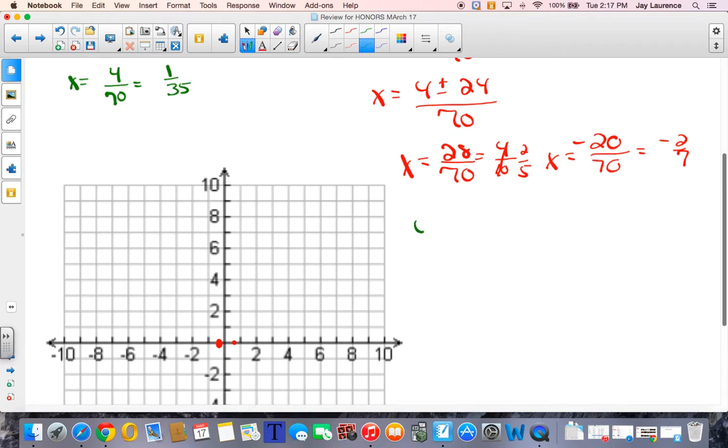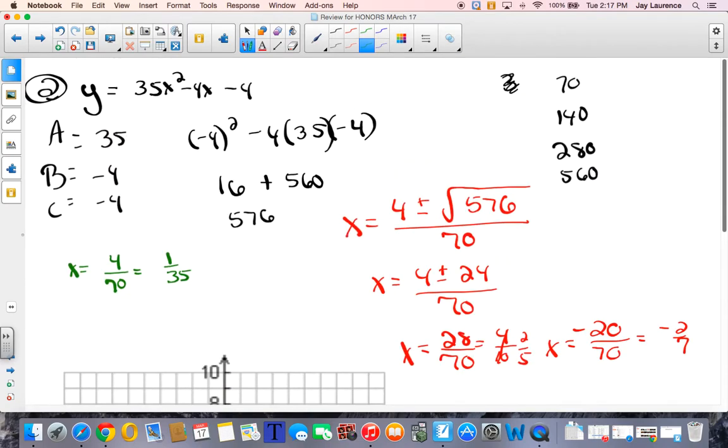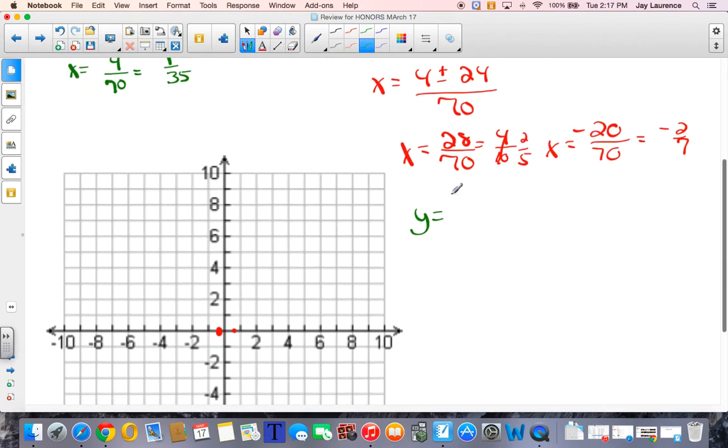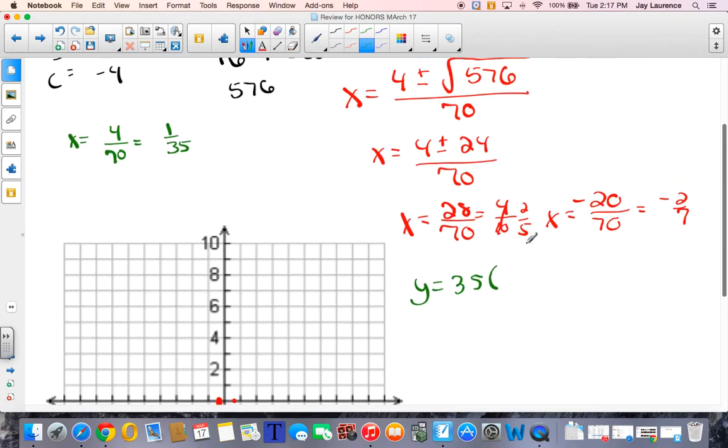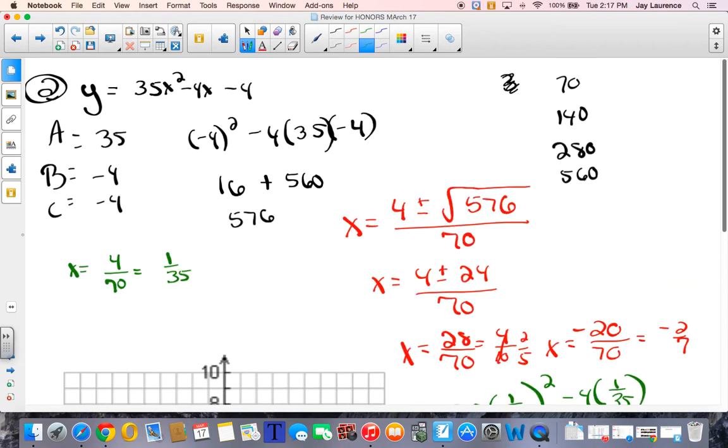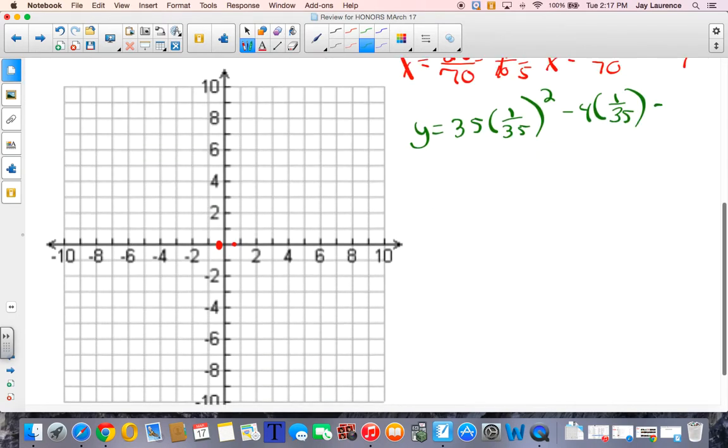All right, so I'm going to go y equals, I'm feeling like I have a mistake here, but I don't think I do. Negative of b plus or minus b squared minus 4ac over 2a. No, I think this is good. All right, so I'm going to have 35. Oh yeah, that's not too bad. 1 over 35 squared minus 4 times 1 over 35, and then minus 4.